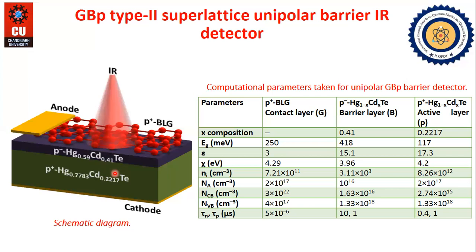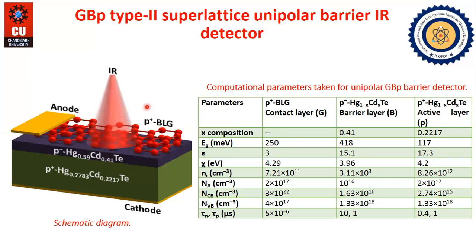A large valence band offset in barrier IR detectors results in limiting photo response. Therefore, proper doping at the hetero interface between the contact, barrier and absorber should reduce the band offset.